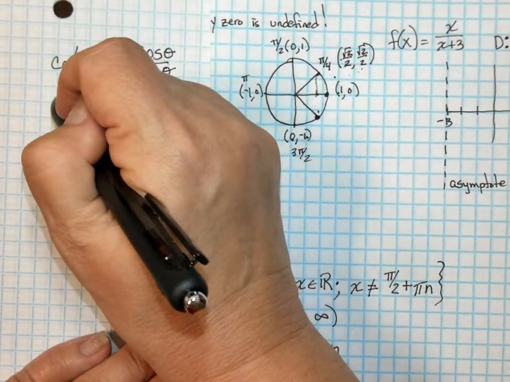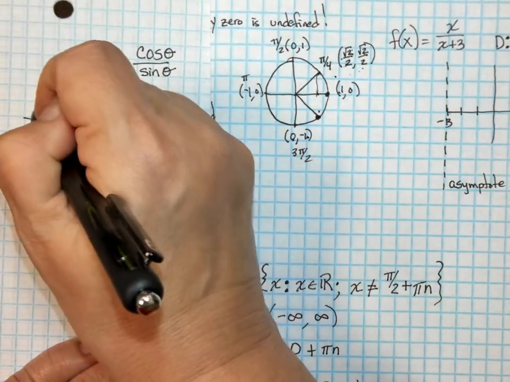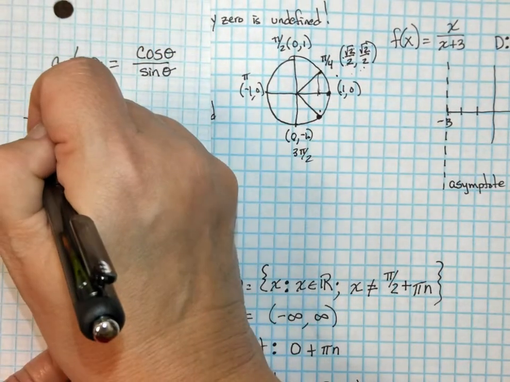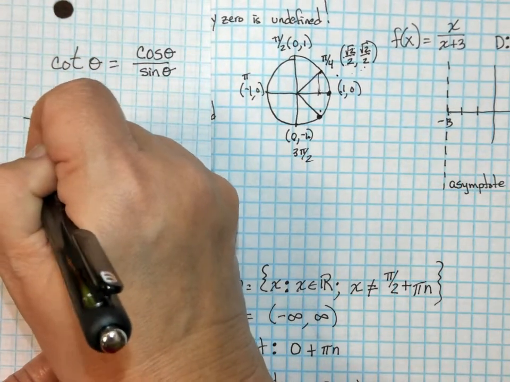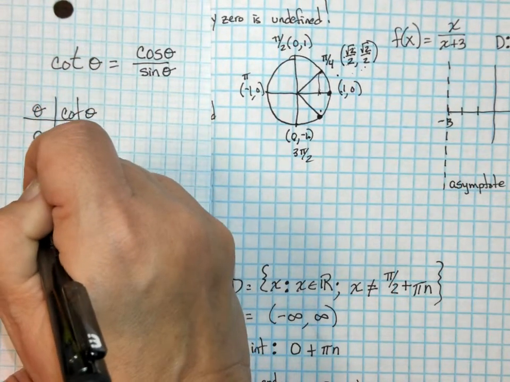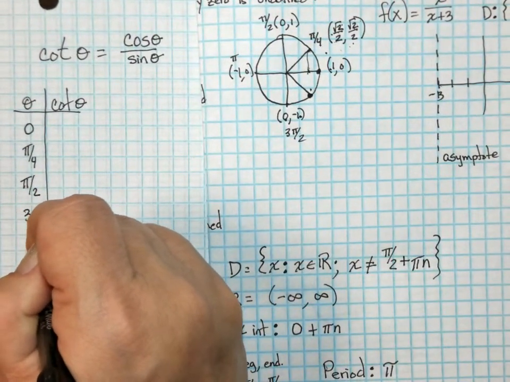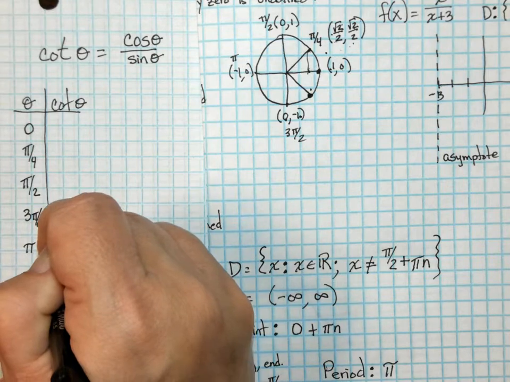So I'm going to make a table here. Theta, cotangent of theta, and I'm going to use 0, pi over 4, pi over 2, 3 pi over 4, and pi.